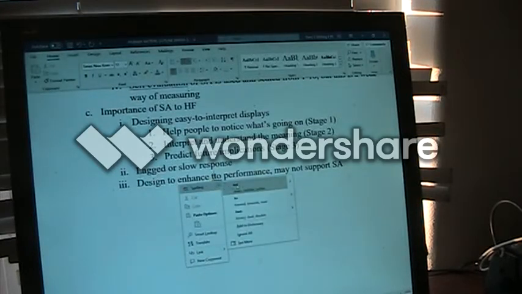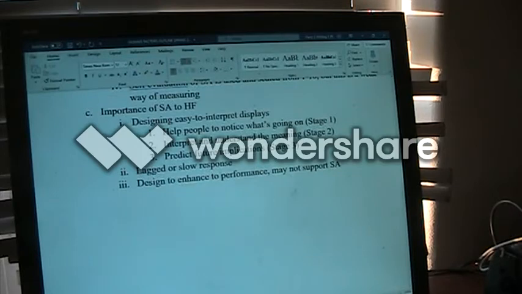Okay, so as usual, as usual, our goals may be contradictory in human factors, and we have to weigh which of those that we're going to think about. Our situation awareness can be important in accident analysis.